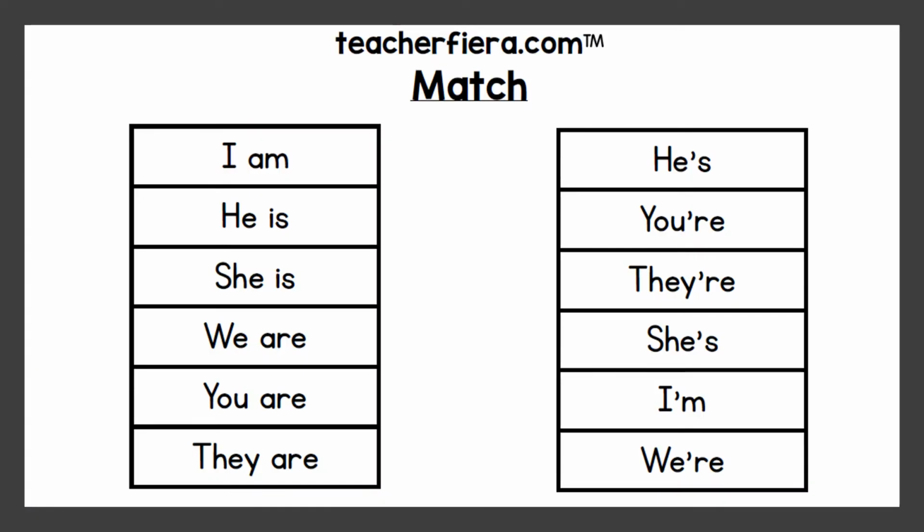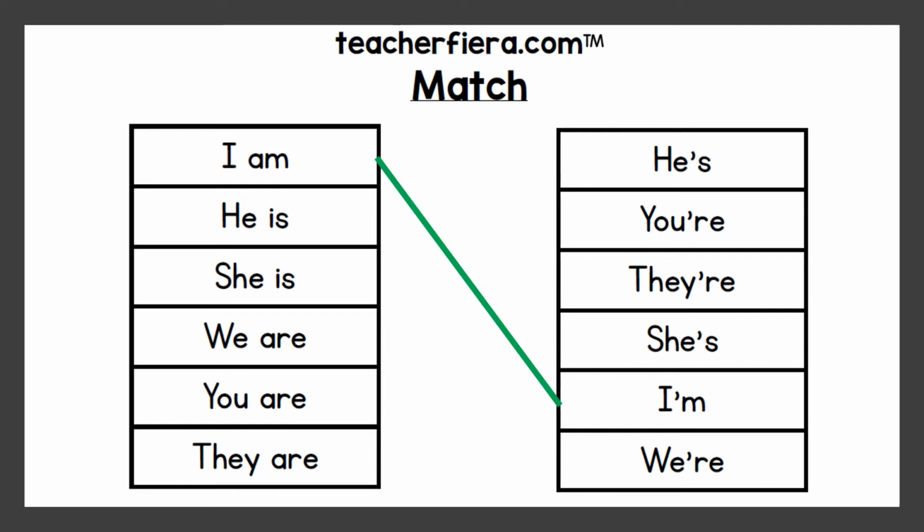Okay, so what you have to do here is match the pronoun, the long one, with the short form. Okay, let's try. The first one, I am. Which one is the partner? Yes, I am, the partner is I'm.